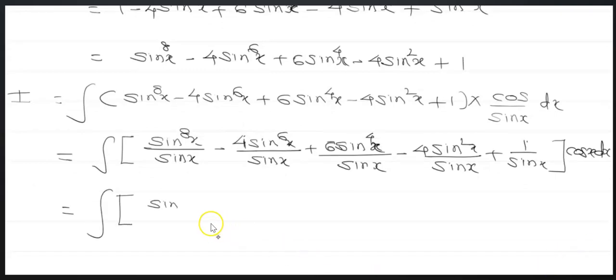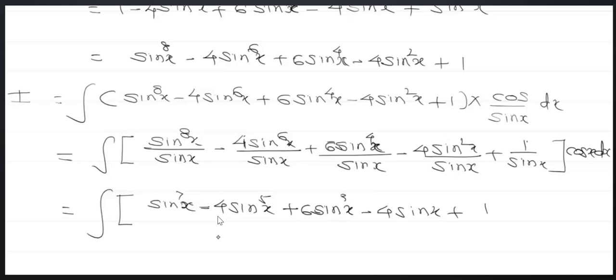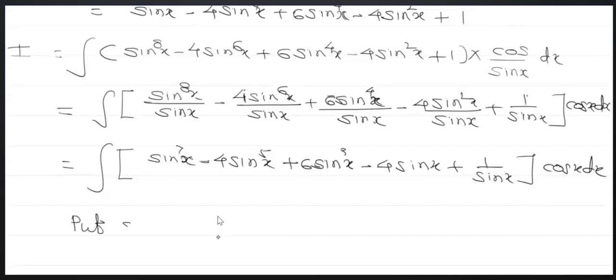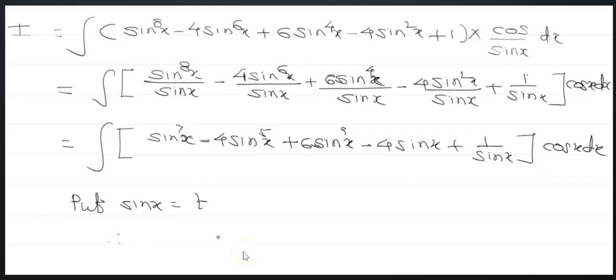Therefore, the integral of sin of x raised to 7 minus 4 sin of x raised to 5 plus 6 sin of x raised to 3 minus 4 sin of x plus 1 upon sin x, into cos of x dx. This is very simple. Put sin of x equal to t. Therefore, cos of x into dx is equal to dt.